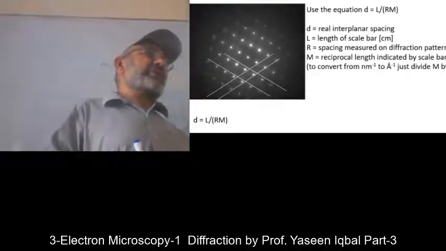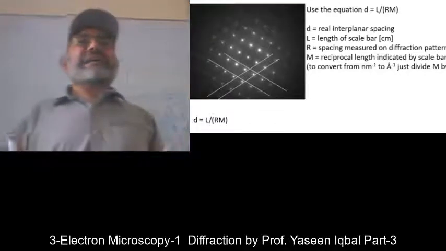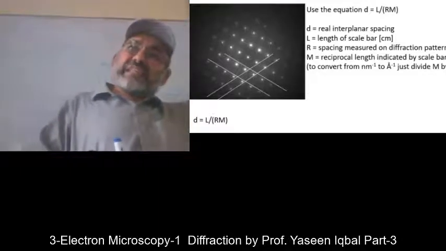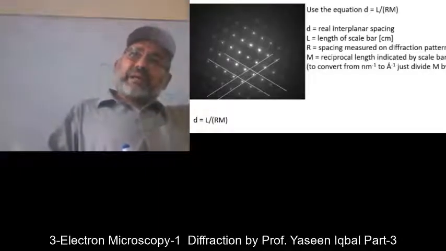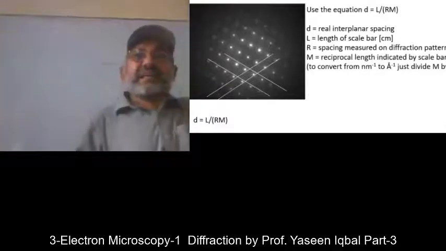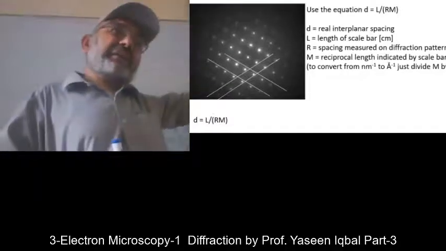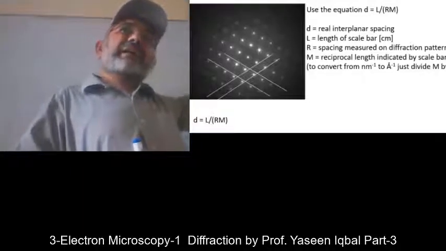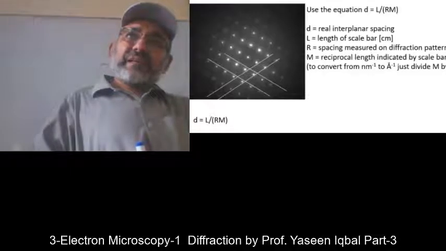When the D's are known, you have data of interplanar spacing. The angles are easily measurable from here. Take that one line, put the protractor here, and check every point at which angle it comes. And that gives the angles among different planes.